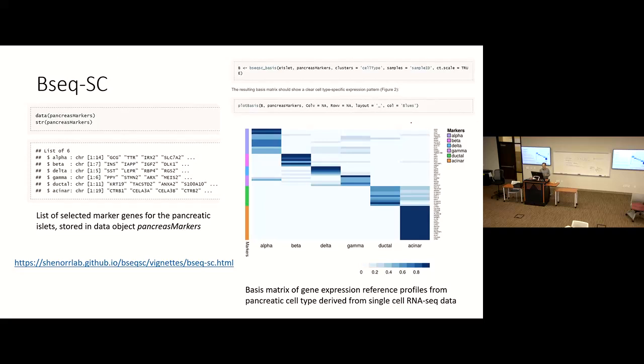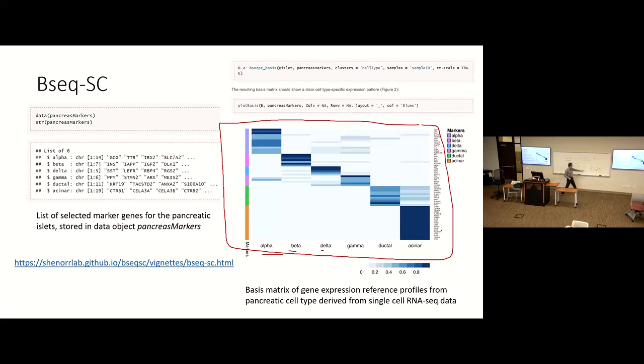Then this matrix is marker genes: alpha, beta, gamma, delta cells, and those are the expressions. So this matrix here on the screen is this. This can be used if you have samples collected from bulk RNA-seq of pancreas. You cannot just use a random, unrelated one. It has to be the same tissue, and you know your bulk RNA-seq is a mixture of those individual cells. Yeah, question?